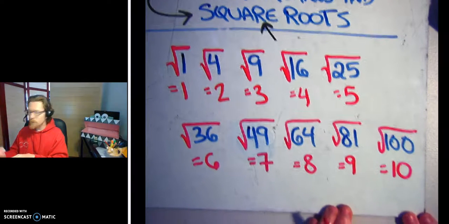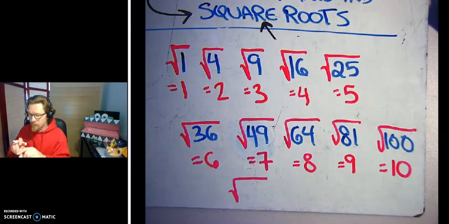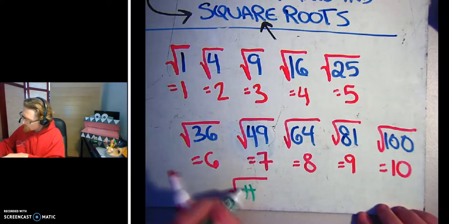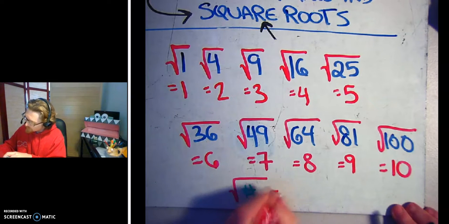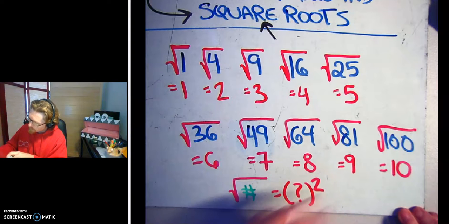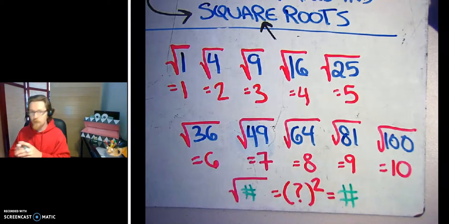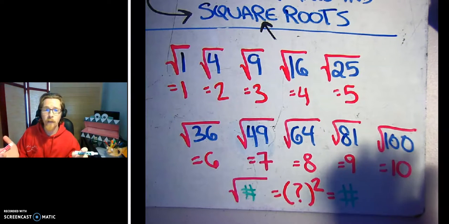Because again, the square root of some number is asking the question, what number squared is equal to the number in the square root house, or what I call the square root house, or the radical.